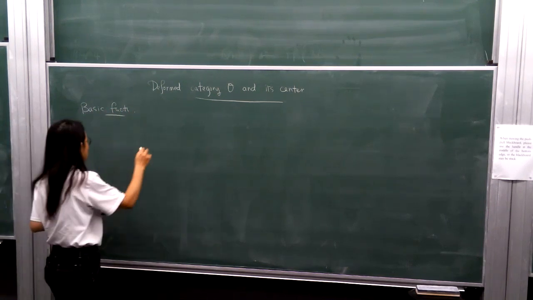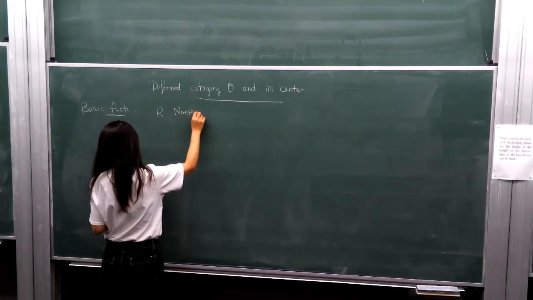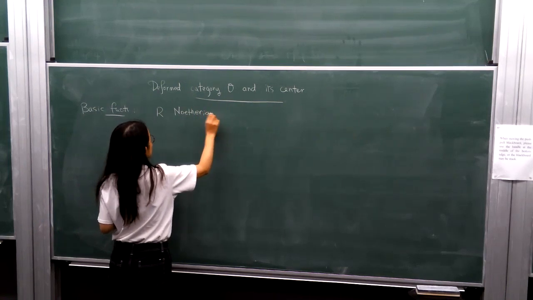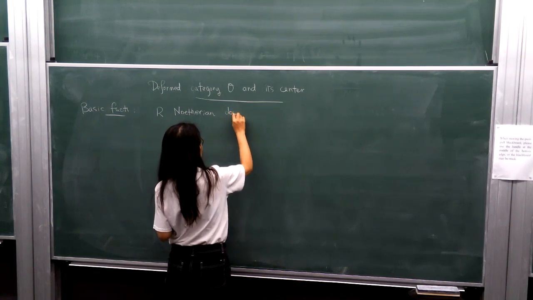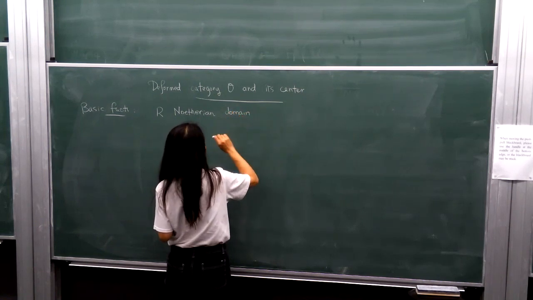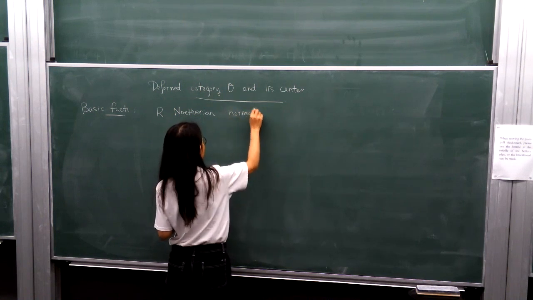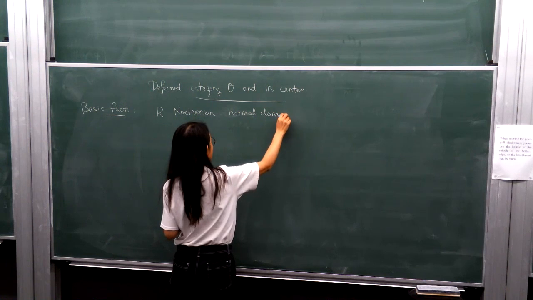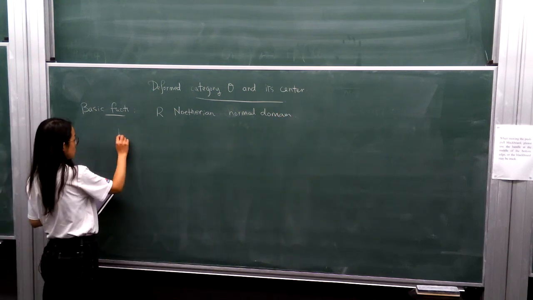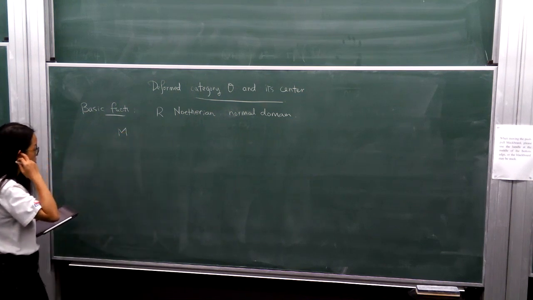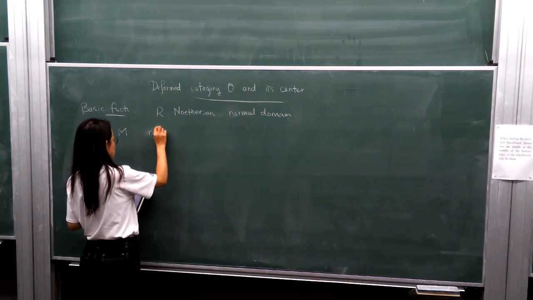So assume that R is a noetherian domain, and M is an R-module which is called a reflexive R-module.